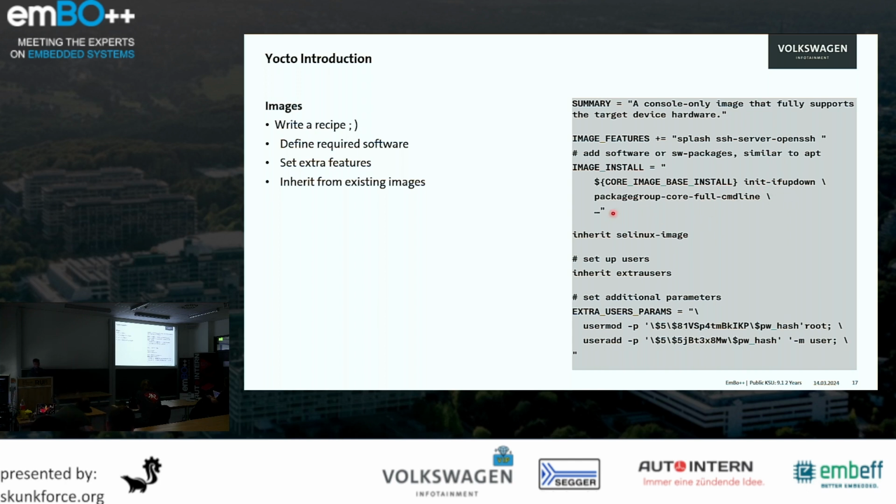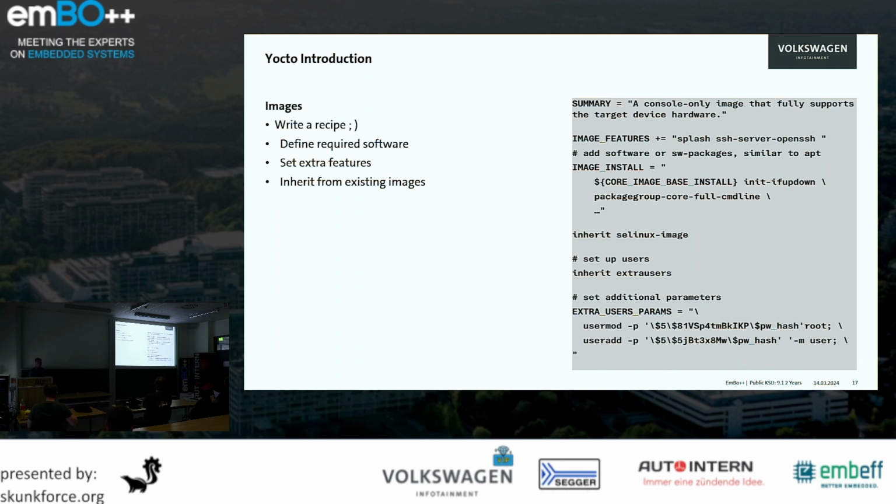And there are also groups of packages together. If you think of Aptitude or any other package manager, they provide you kind of the same features. You either install each software on its own, or you just say, give me the whole package and everything in it. And yeah, this is also given by Yocto.